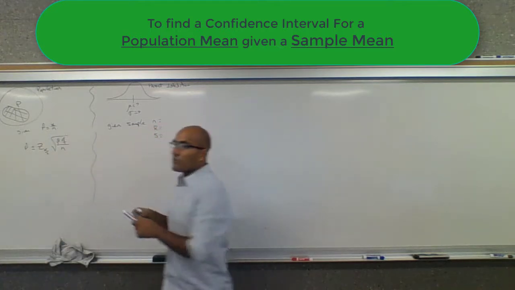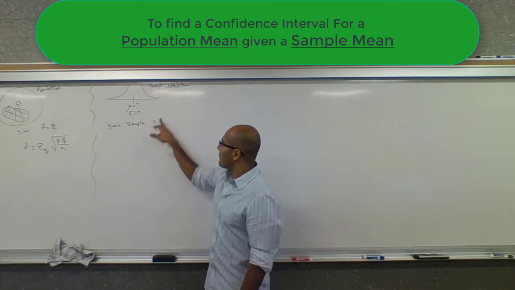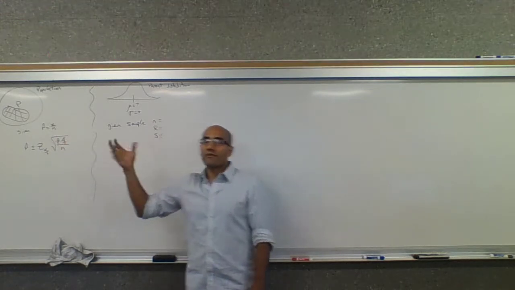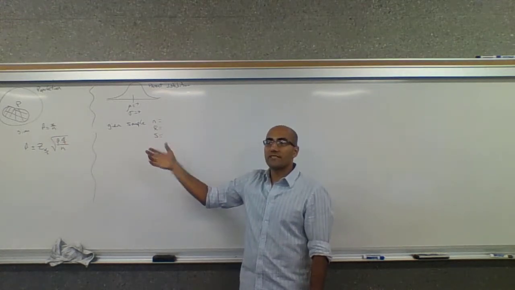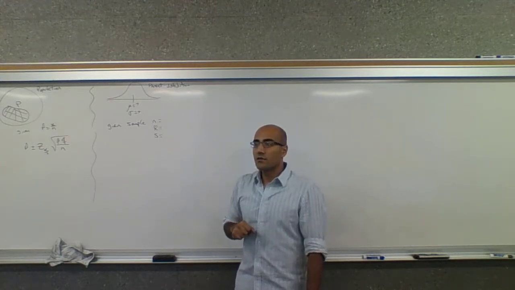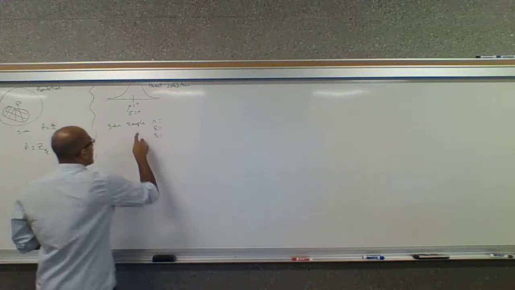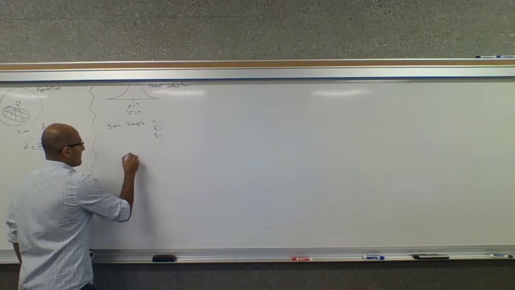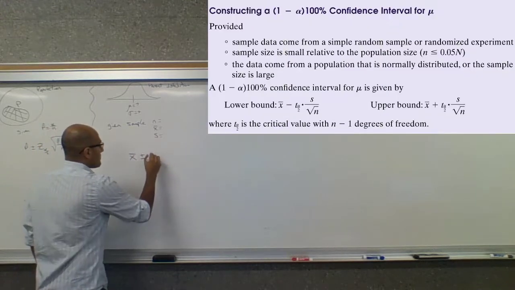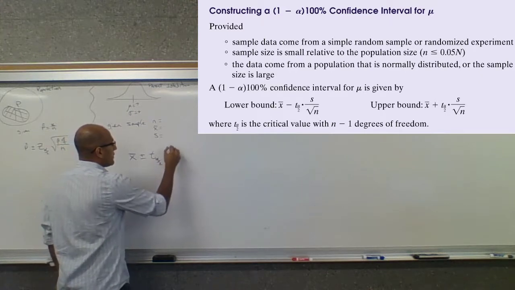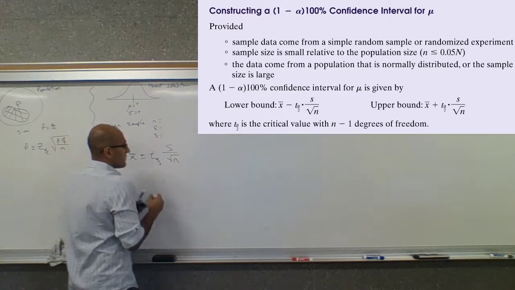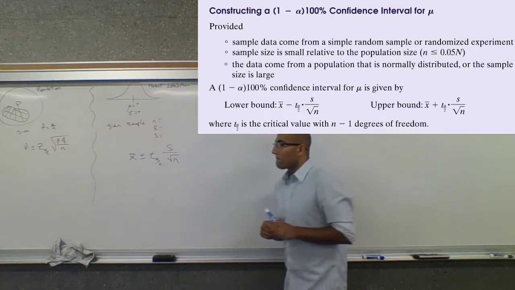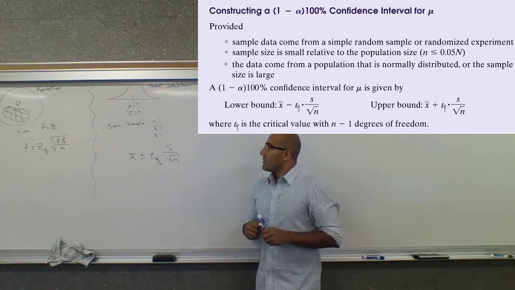Either the word problem will tell you these values, or you'll get enough information from the raw data of a sample to figure them out. This is when we know we have to use a t-distribution. So it will be x bar plus or minus t sub alpha over 2 times s over the square root of n.